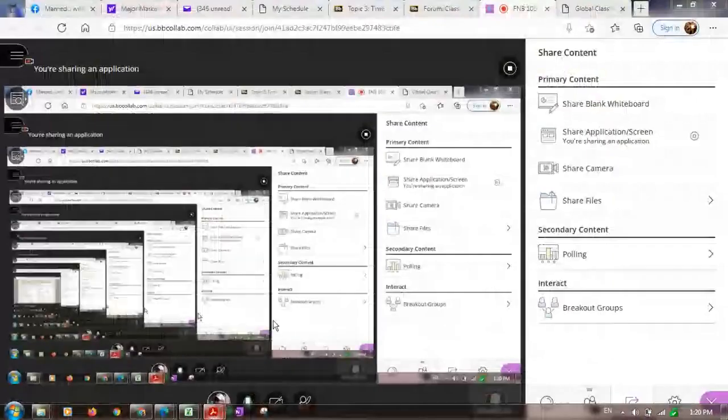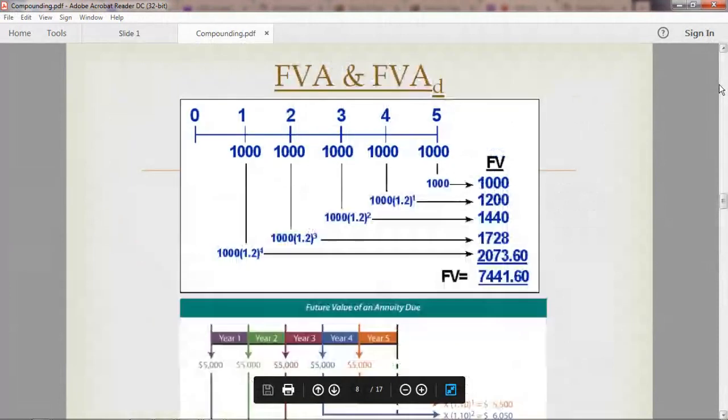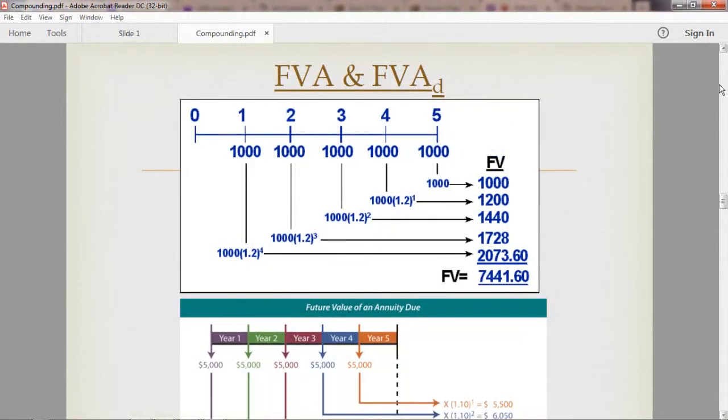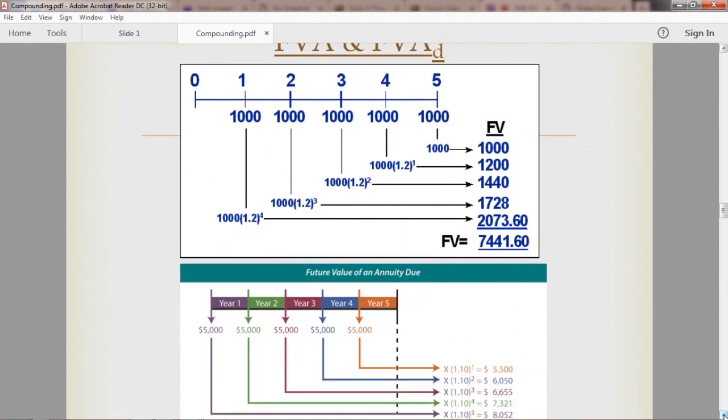So here's an example of an annuity. Now, let's take a look at this diagram.